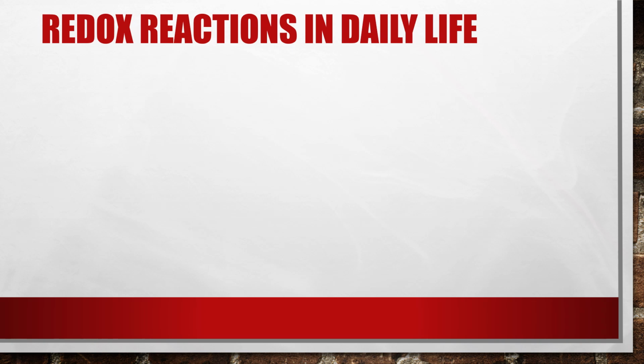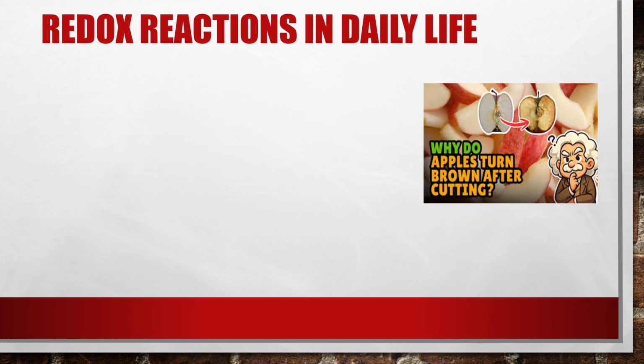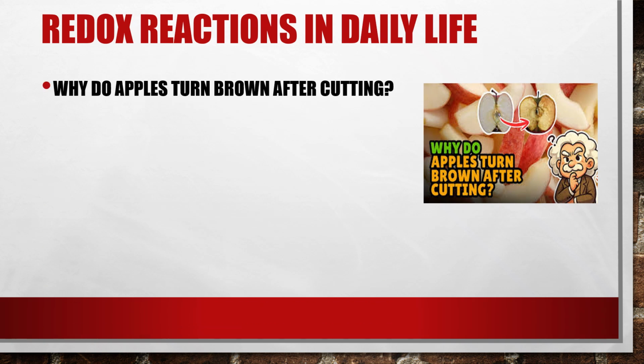For redox reaction in our daily life, a very important example is: why do apples turn brown after cutting? You all have eaten apple, and a layer of brown color is deposited after some time. Why does it happen? This is because of rancidity, right?